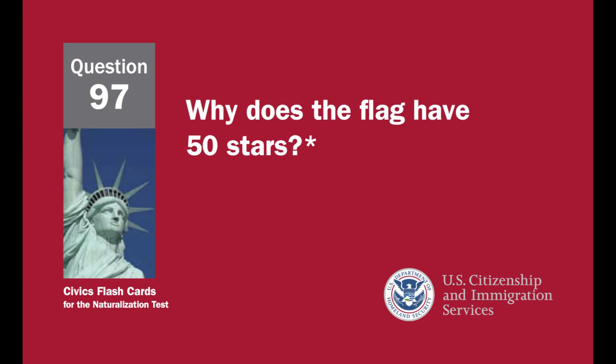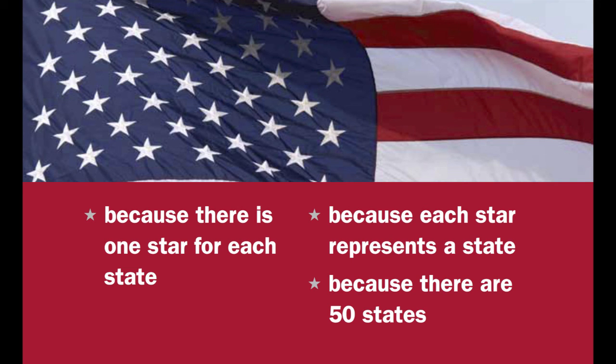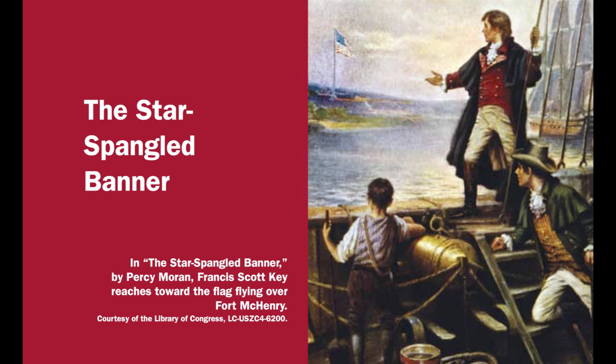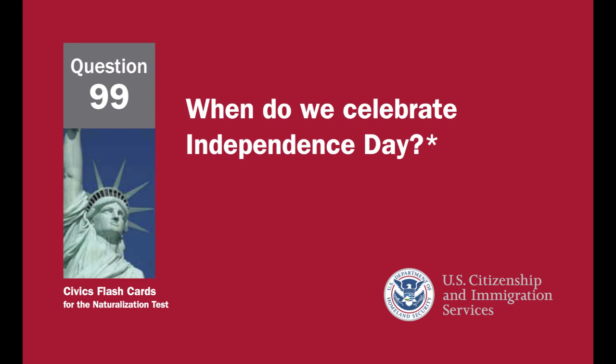Why does the flag have 50 stars? Because there is one star for each state. Because each star represents a state. Because there are 50 states. What is the name of the national anthem? The Star-Spangled Banner. When do we celebrate Independence Day?